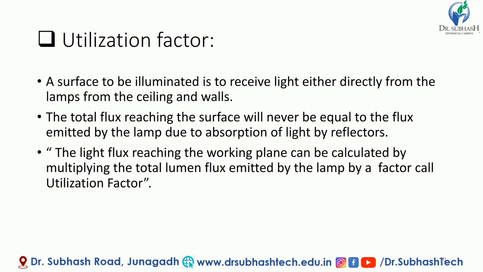Next one is utilization factor. A surface to be utilized receives the light either directly from the lamps, or from the ceiling or from the walls, or from the reflectors. The total flux reaching the surface will never be equal to the flux emitted by the lamp due to the absorption of light by the reflector.